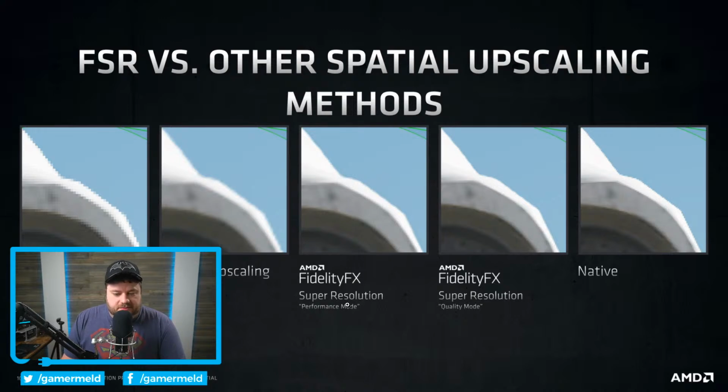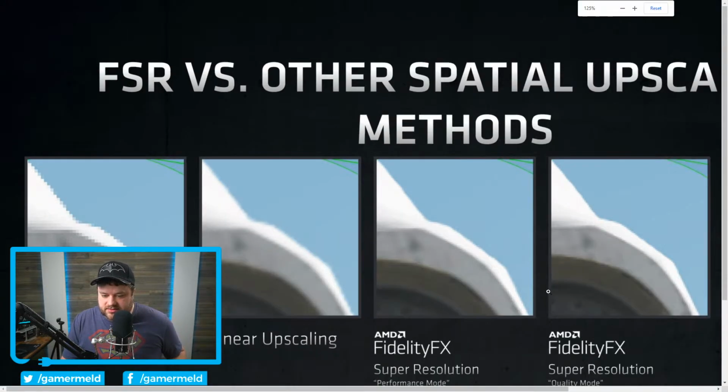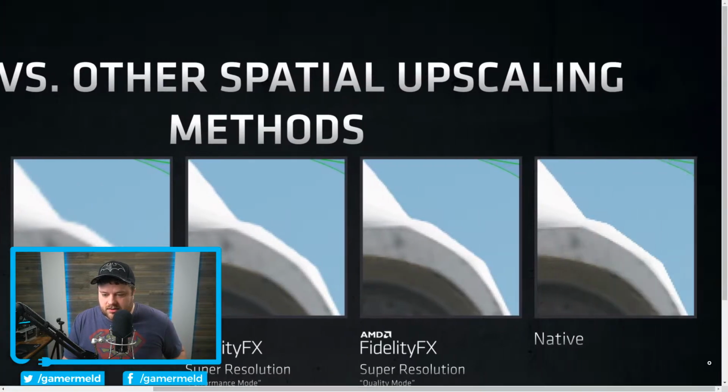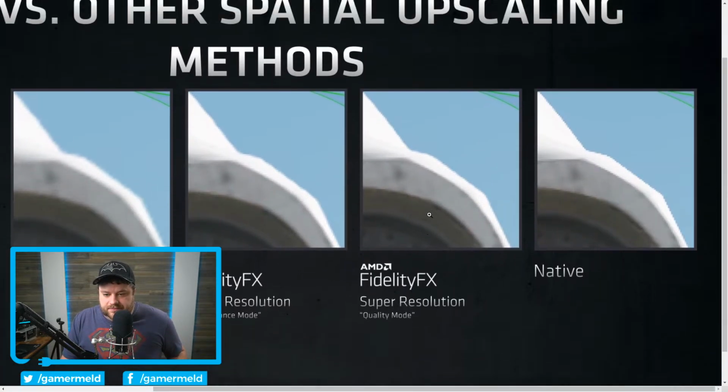But so you have the performance mode, then quality mode, which is actually 2 steps above performance mode, but it isn't ultra quality. There is an ultra quality mode that's even better than quality mode. But regardless, you can see that, yes, the quality mode does look good, but you can also see that it's smoothed out.